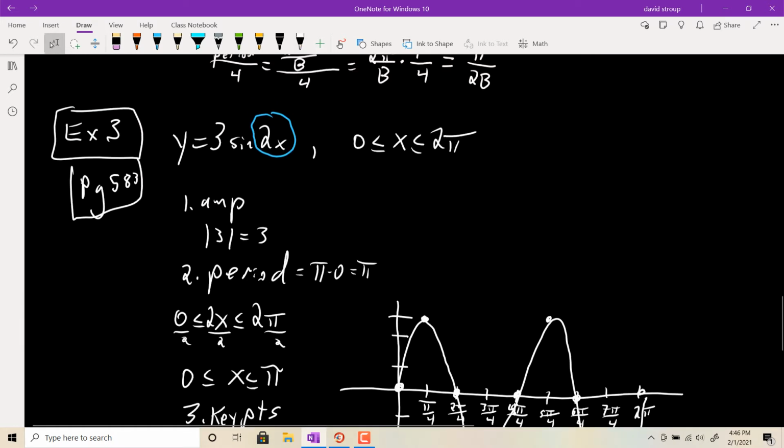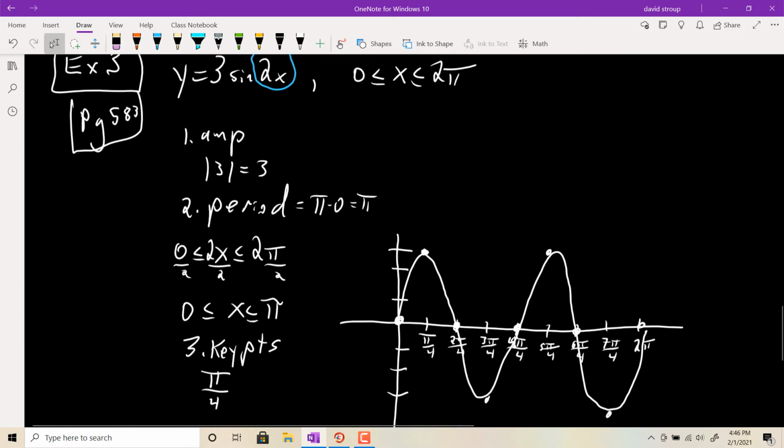In other words, when you multiply the inside by a constant that's greater than 1, it has the effect of smushing the graph. Originally, y equals sine of x, maybe I'll put it in red, would just go like this.